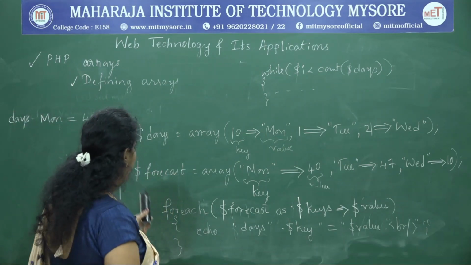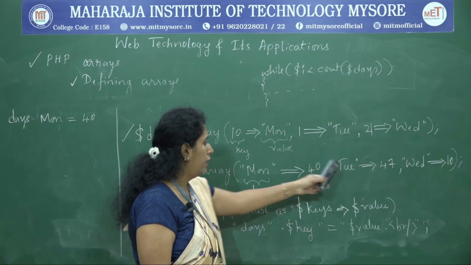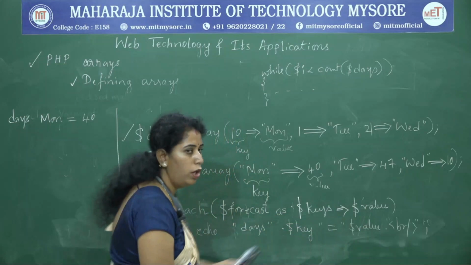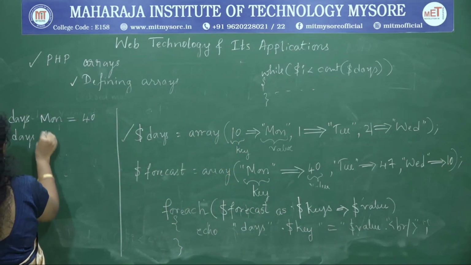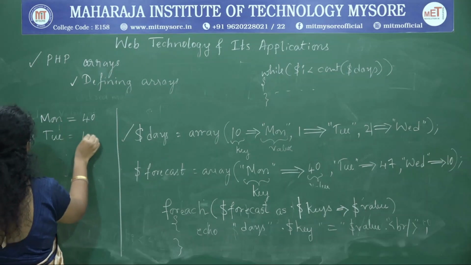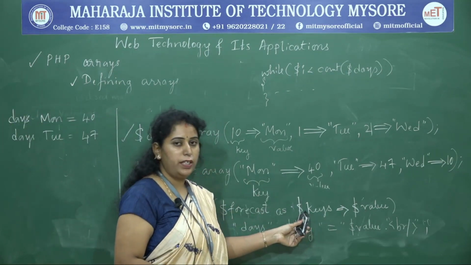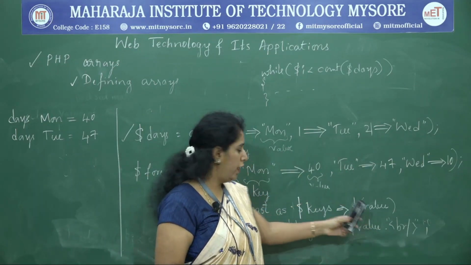Got it? So then it fetches the next element, that is key is Tuesday and value is 47. So what it outputs? Days Tuesday equals 47. Then again it fetches the next element, that is Wednesday, whose value is 10.